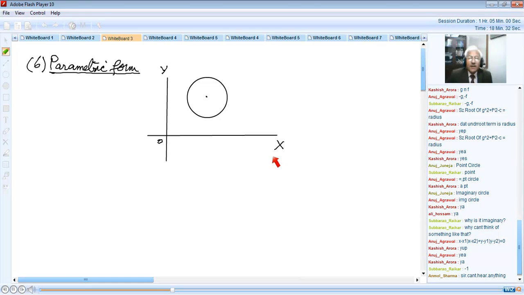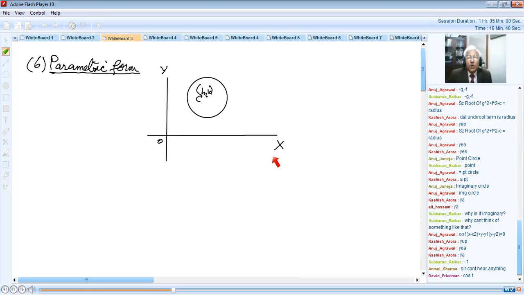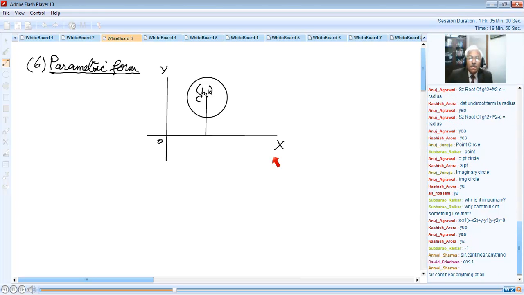The center here is, say, (h, k). This is the center, coordinates of C. What we do here, we draw this perpendicular on the x-axis and take this point to be like this.